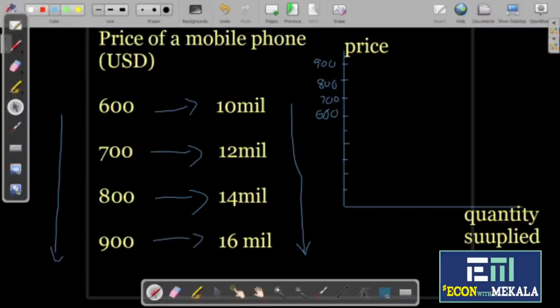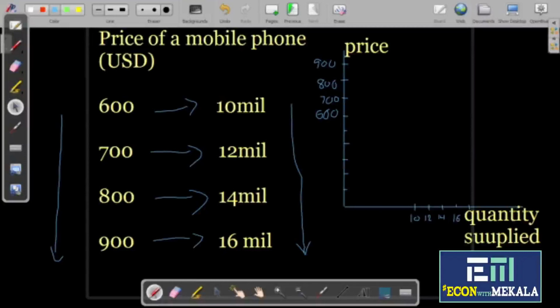But if you look at our quantities, those are in millions, and it goes 10, 12, 14, 16. So it goes 2 by 2. So let's assume 10 is here, 12, 14, and 16.